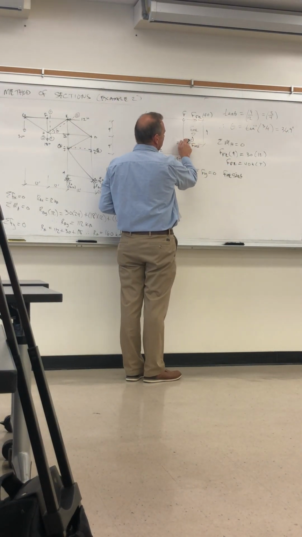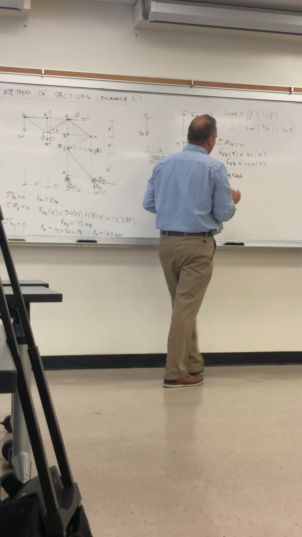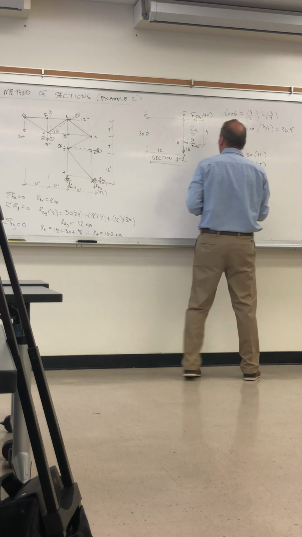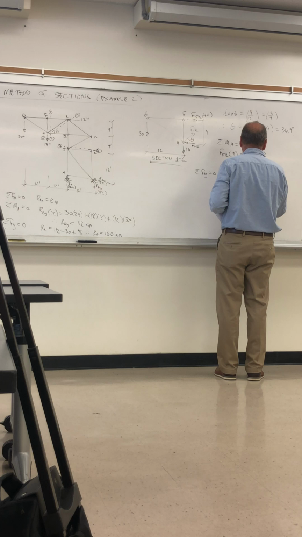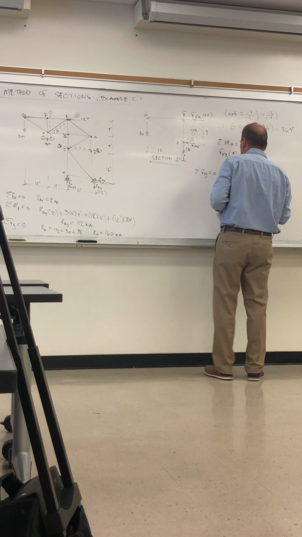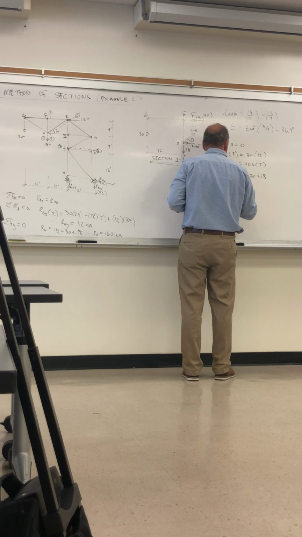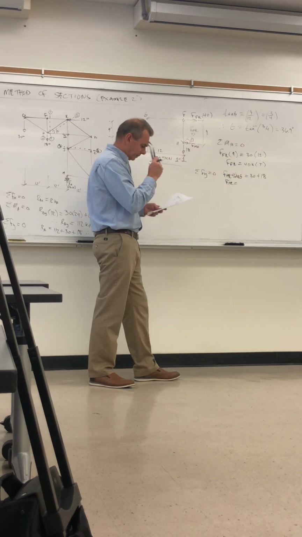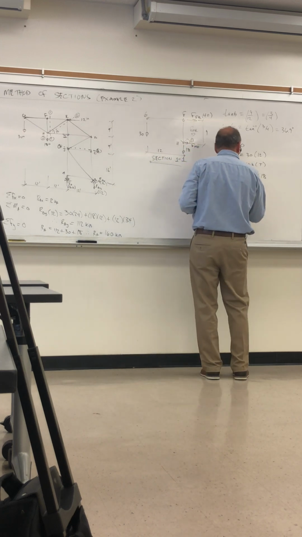Cosine is horizontal, cosine gives me the vertical part, so that has to equal everything else going the other way. So that's up, and then 30 plus 18. So F of HE is 80 kips in tension.